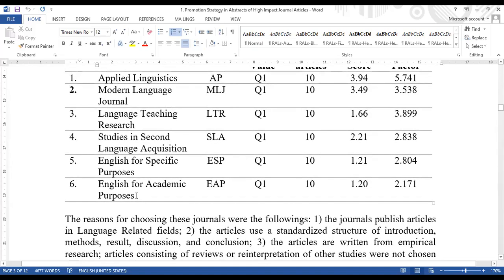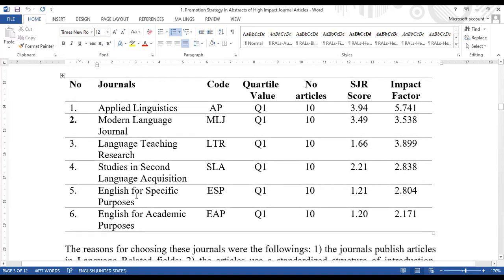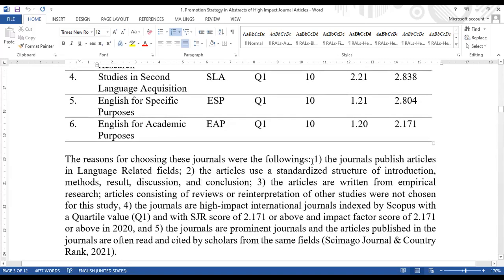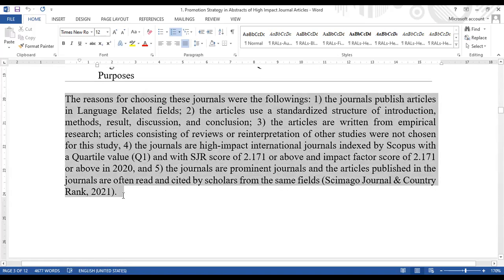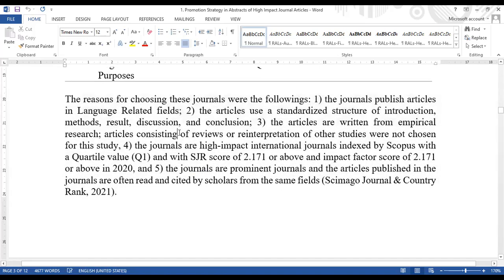There are 6 journals, and I'll take only 10 abstracts from each of these journals. So there will be 60 abstracts altogether. And these are the reasons for choosing the journals: high impact, reputable international journals, with a high SJR score and so on.